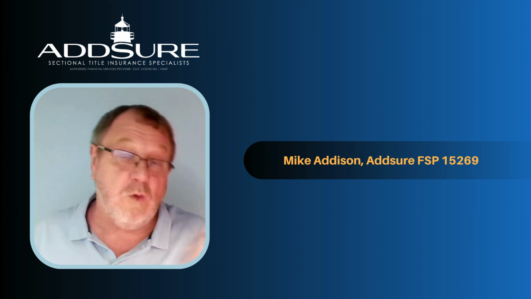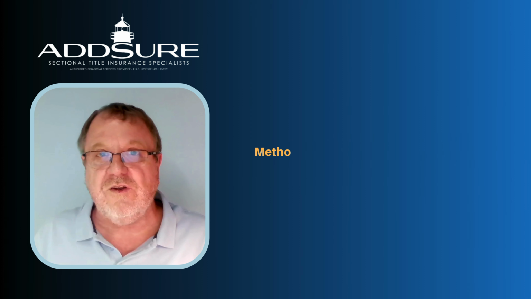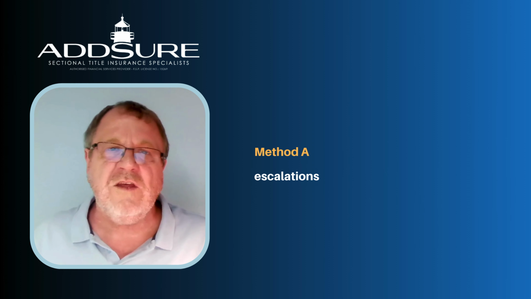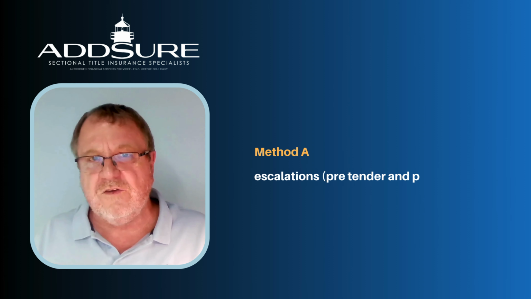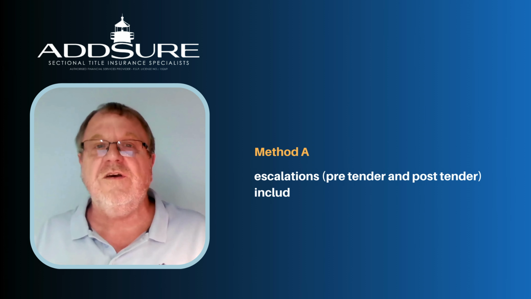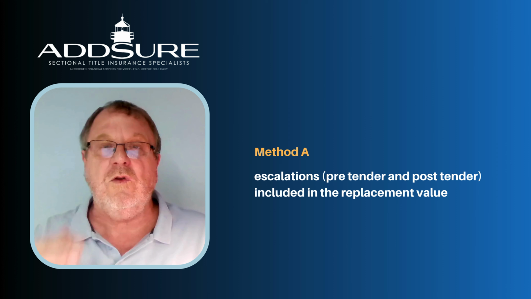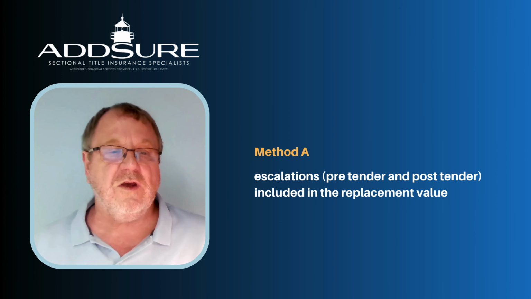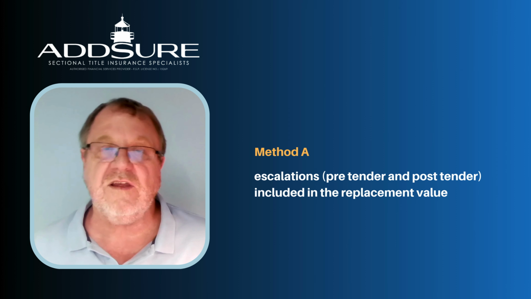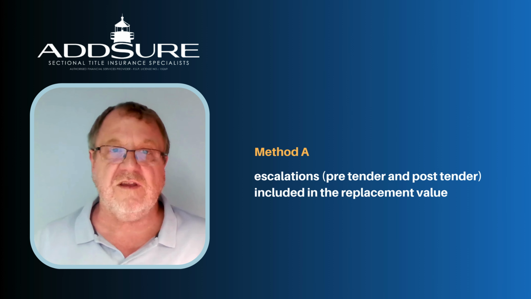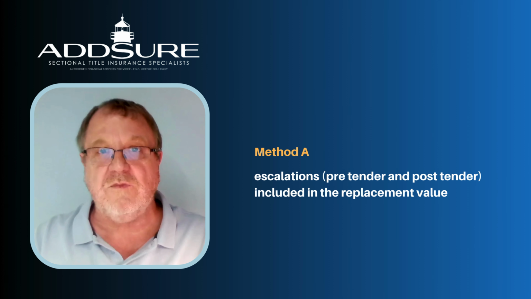The first method, I call it method A, just for indication, is more or less what most quantity surveyors, or QSs, set out. Very basically, in a nutshell, they will include the pre-tender escalation and the post-tender escalations within the sum insured.